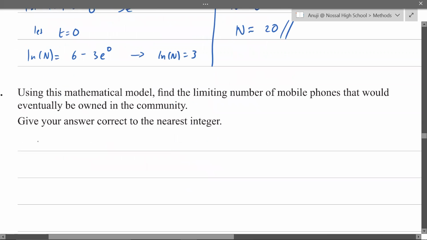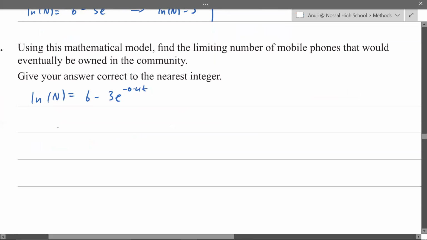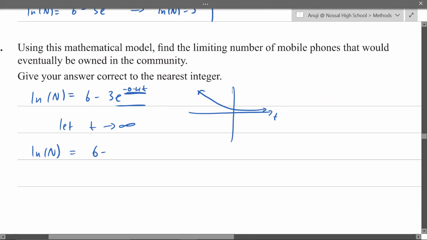So you take ln n equals 6 minus 3e^(-0.4t), and you let t go to infinity. The graph of e^(-0.4t) looks like this. So if t goes to infinity, this value will go to 0. So this would become negative 3 times 0.